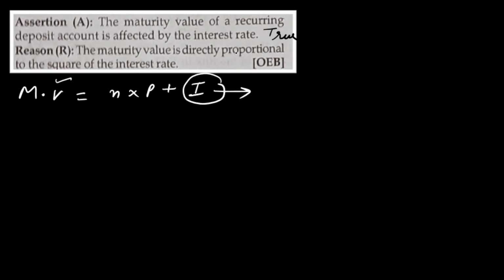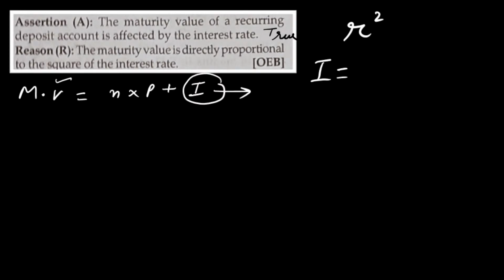Reason: the maturity value is directly proportional to the square of the interest rate. Here in this formula itself, maturity value is equal to N into P plus I. So we don't see any square of the interest rate. Square of the interest rate means R square.